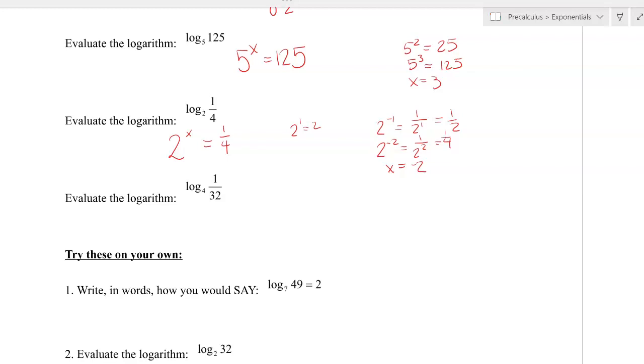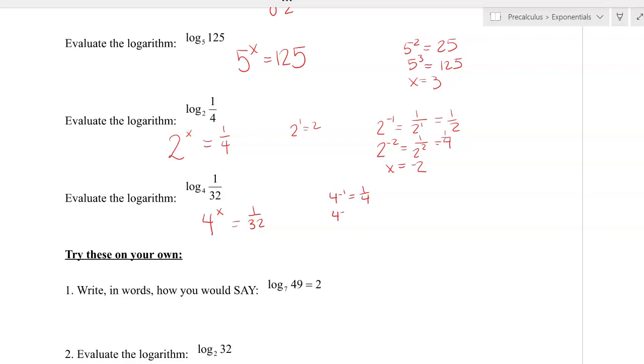Alright, and finally the last one says that I need to evaluate the logarithm of log base 4 of 1/32. So I know that I'm going to have 4 to the something equals 1 over 32. So again, I see that I go from a whole number to a fraction, which probably means that I'm going to have a negative exponent. So I start just going down the list. I've got 4 to the negative 1 is equal to 1/4.